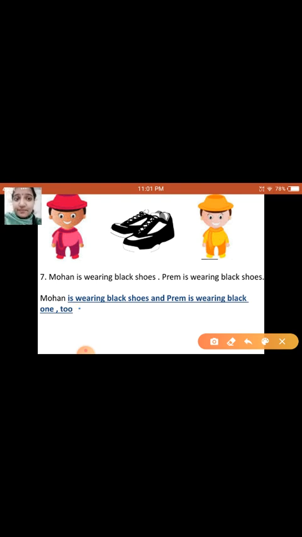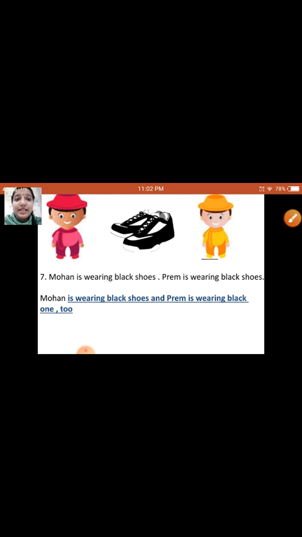Understood? Mohan is wearing black shoes and you have to connect with "and". You have to put "and" for connecting the other sentence, other words. And Prem is wearing black one, comma, two. After two you have to put a full stop. Okay?